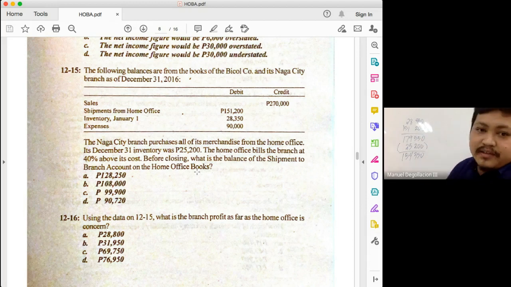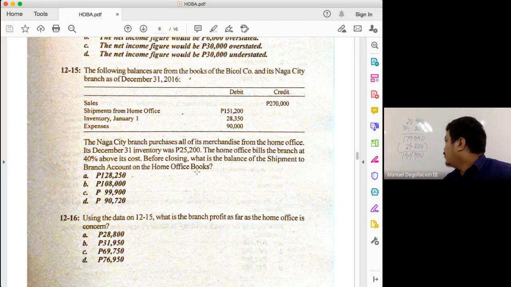Then you deduct that from your sales of 270,000. That would give you 115,650. Is that the profit, class? That would be the gross profit. You will have to deduct expenses of 90,000.